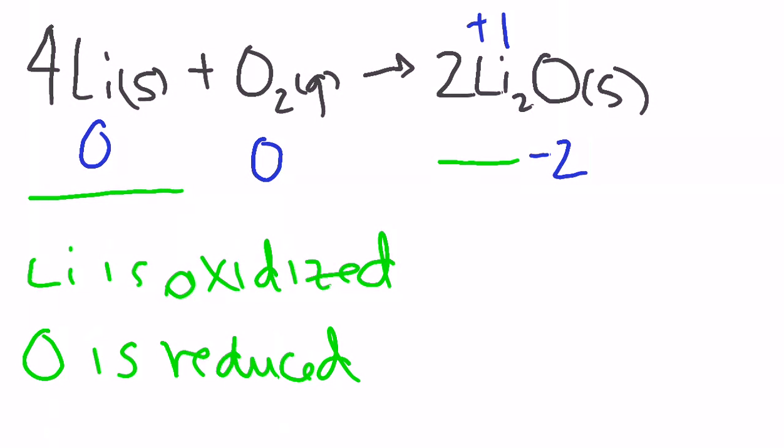Now that we've assigned what is oxidized and what is reduced, we want to say what the oxidizing agent and the reducing agent are. So lithium, in this case, is the reducing agent. It reduced oxygen.